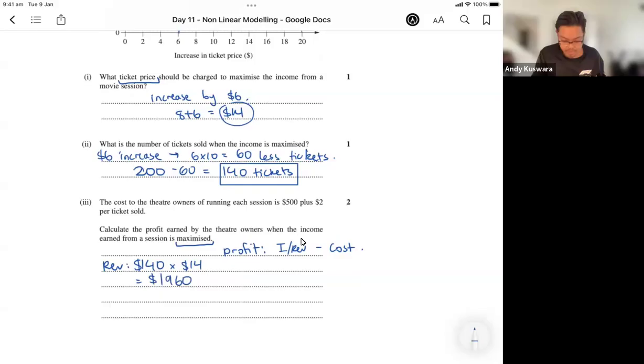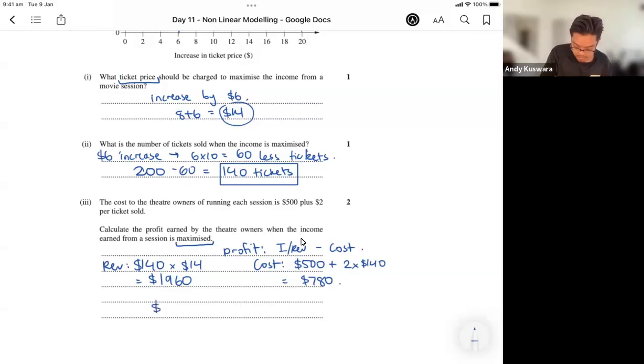That's your revenue. Now your cost: it says the cost is $500 plus $2 per ticket sold. And we know that there have been 140 tickets. So the cost here would be $780.